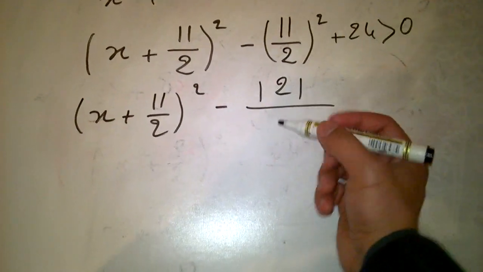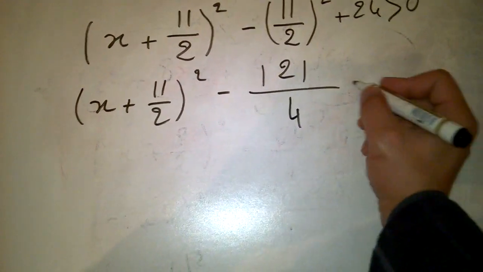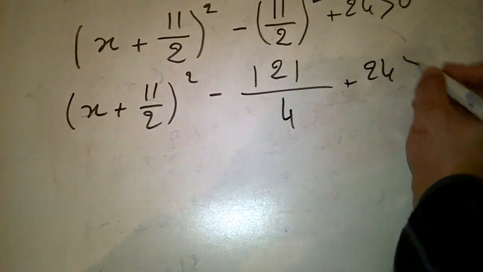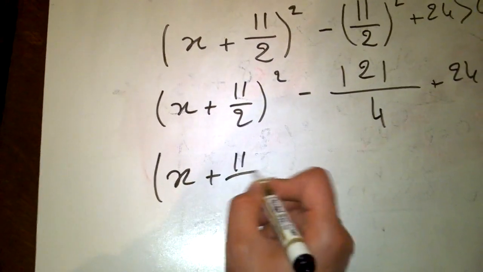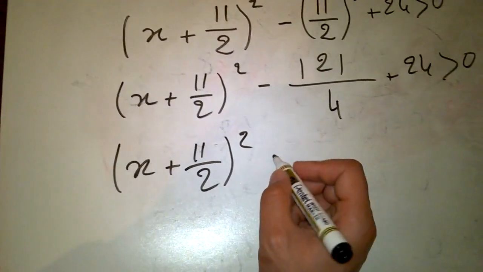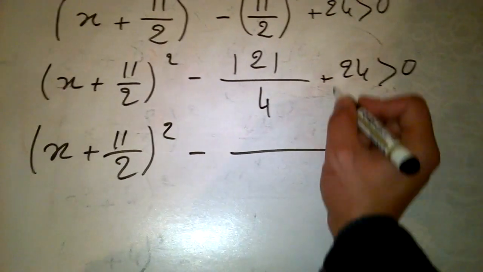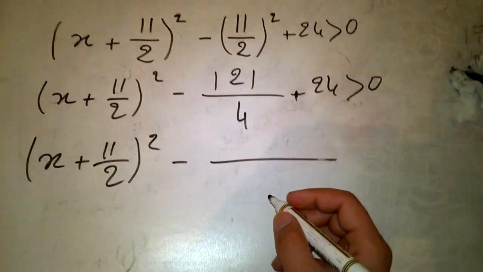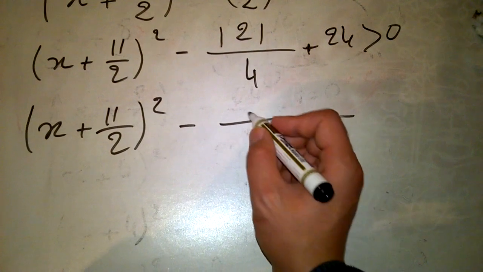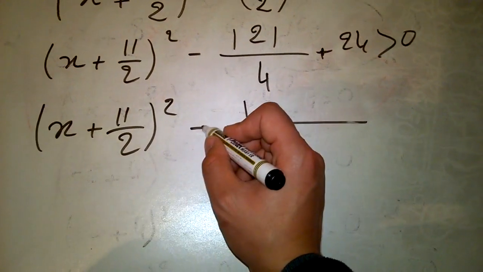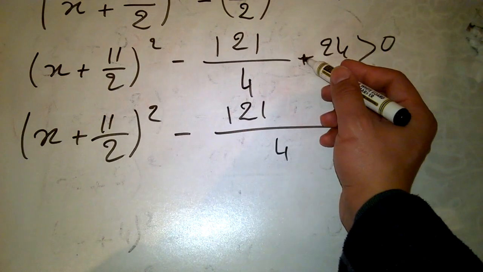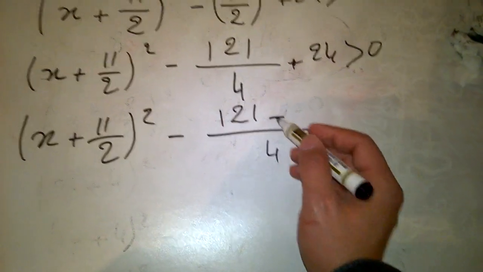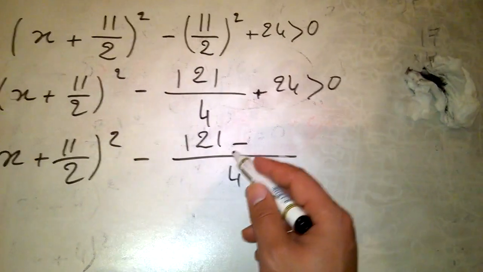So 11 squared divided by 4 plus 24 is greater than 0. That is x plus 11 over 2 all squared minus, put the same common denominator, it's 4, so just 121, and because here is minus, I must add a minus, because minus times minus is plus. Don't forget this.